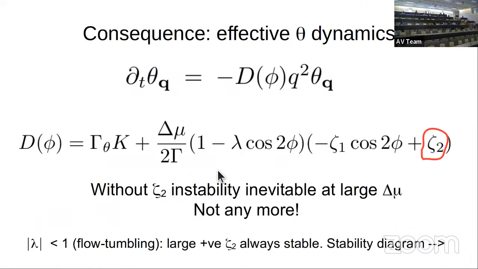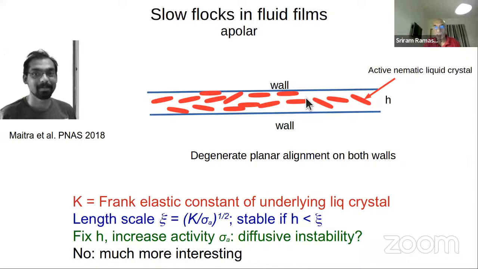So right from the beginning, I decided to look at a simple case where at the top and bottom walls, these orientable objects have to lie parallel to the wall and are free to point in any direction in the plane. The liquid crystal people call that degenerate planar alignment. So the walls don't break any of the rotation symmetries in the plane. The system is spontaneously condensed only into an aligned state.